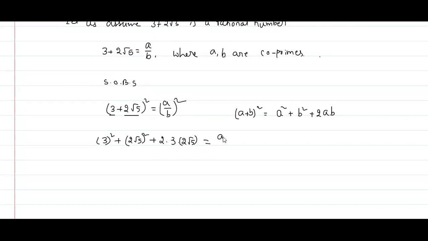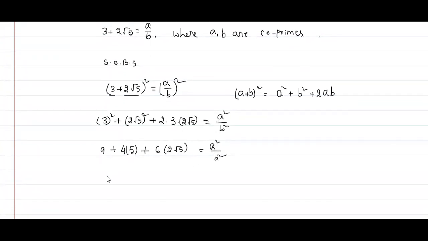is equal to a square by b square. So here 3 square is 9 plus 2 square is 4 into root 5 square is 5 plus 2 into 3 is 6 into 2 root 5 is equal to a square by b square. 9 plus 4 into 5 is 20 plus 6 into 2 is 12 root 5 is equal to a square by b square.